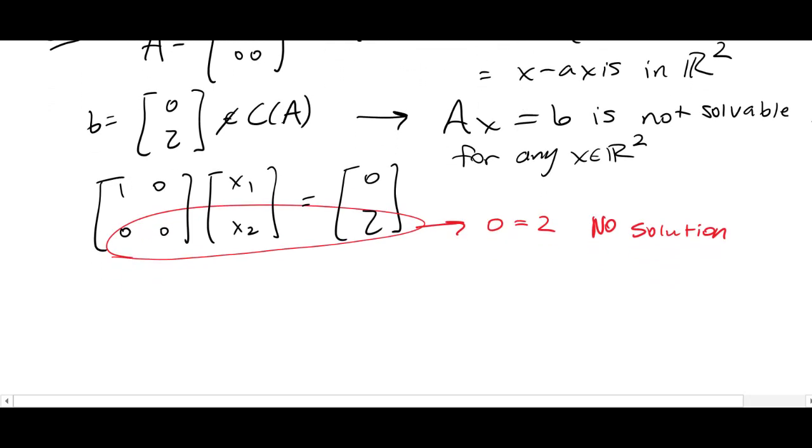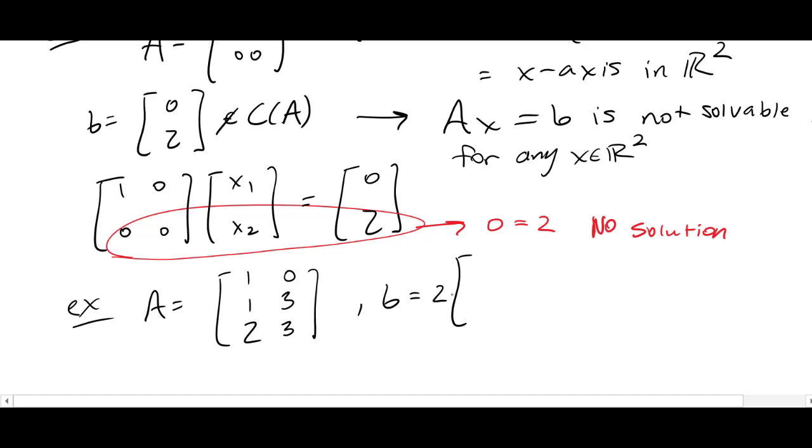If you consider the 3 by 2 matrix I wrote down earlier, and you take this vector b, which is 2 times the first column minus 1 times the second column, this is 2, negative 1, 1.